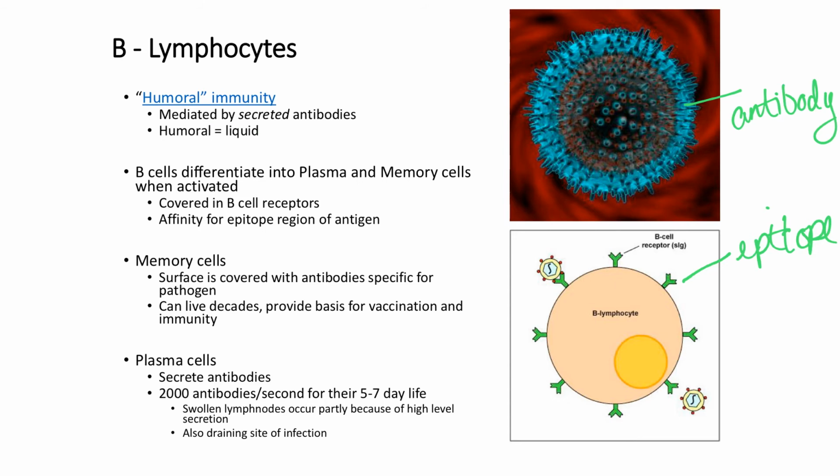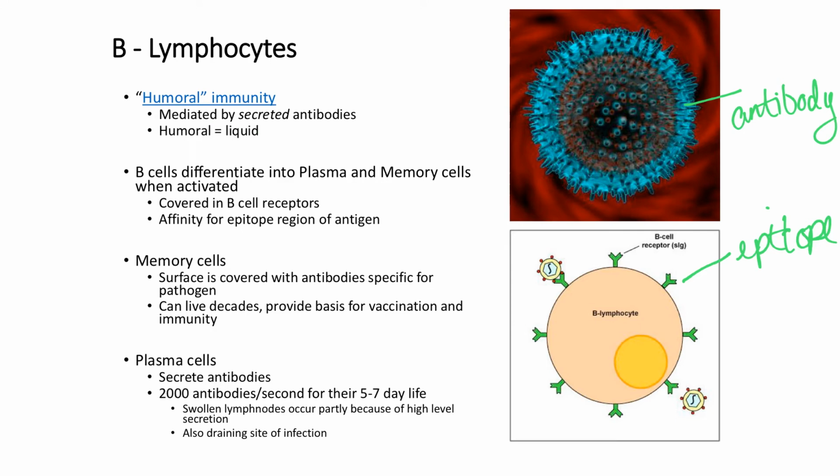We refer to B cells as part of the humoral immune system rather than the cell-mediated, instead of using other cells to help fight an infection. It secretes antibody in a liquid form, and humors or humoral types of things in the body refer to liquid. So when antibodies are secreted, they're in a liquid form.